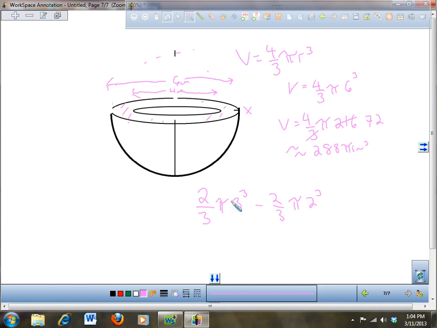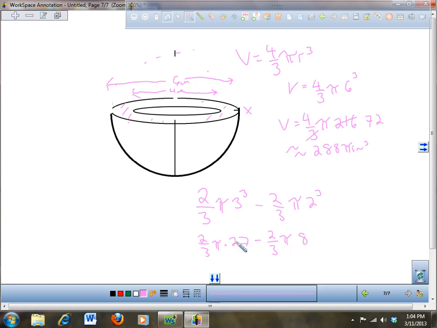Since you only want half of the sphere, it's 2/3, not 4/3. That's called a hemisphere. So you have 2/3 of pi. Anyone know what 3 cubed is? 27. And minus 2/3 pi times 8.